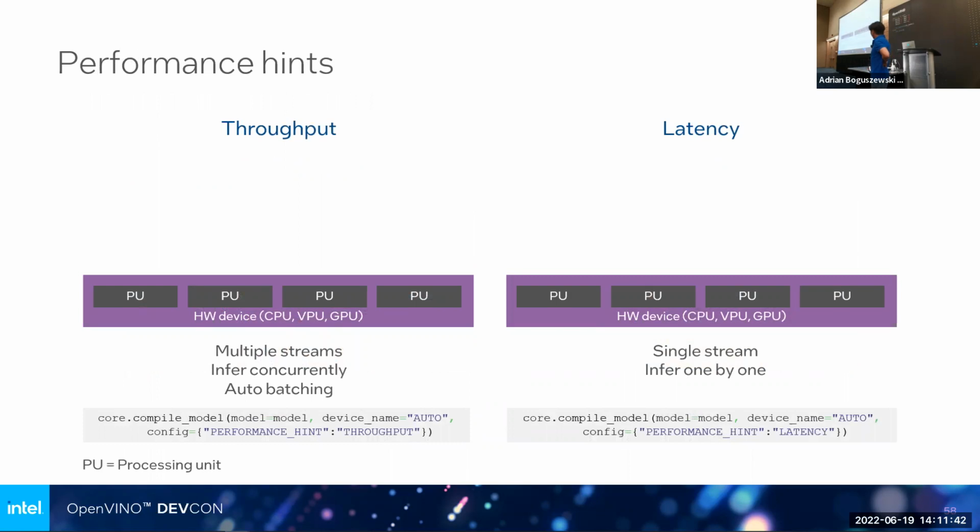So these come into our mind as needs that we provide: throughput and latency mode. Instead of you trying to figure out how to do multi-streams, auto batching, all the things that sound like English but don't make any sense, we handle it for you behind the scenes. And we try to optimize this every day as much as we can based on our customer needs.